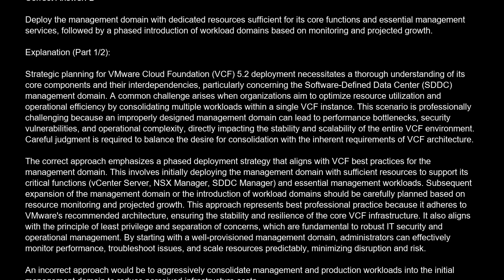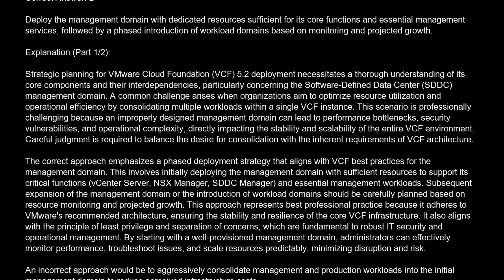Explanation: Strategic planning for VMware Cloud Foundation, VCF 5.2 deployment necessitates a thorough understanding of its core components and their interdependencies, particularly concerning the software-defined data center, SDDC management domain. A common challenge arises when organizations aim to optimize resource utilization and operational efficiency by consolidating multiple workloads within a single VCF instance.